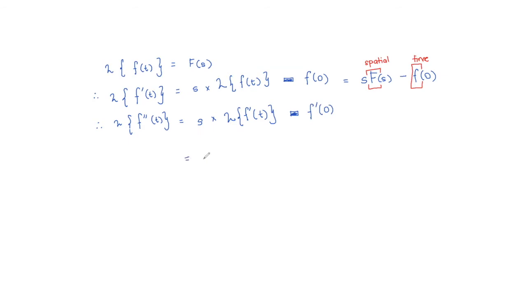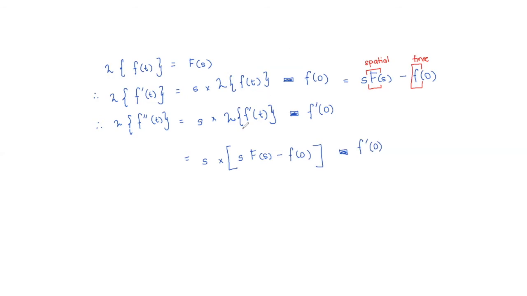We can summarize this as s multiplied with, in bracket, the Laplace of the first derivative, which is s times capital F s minus small letter f at time 0, and the whole lot is minus the initial value of the first order derivative at time 0.